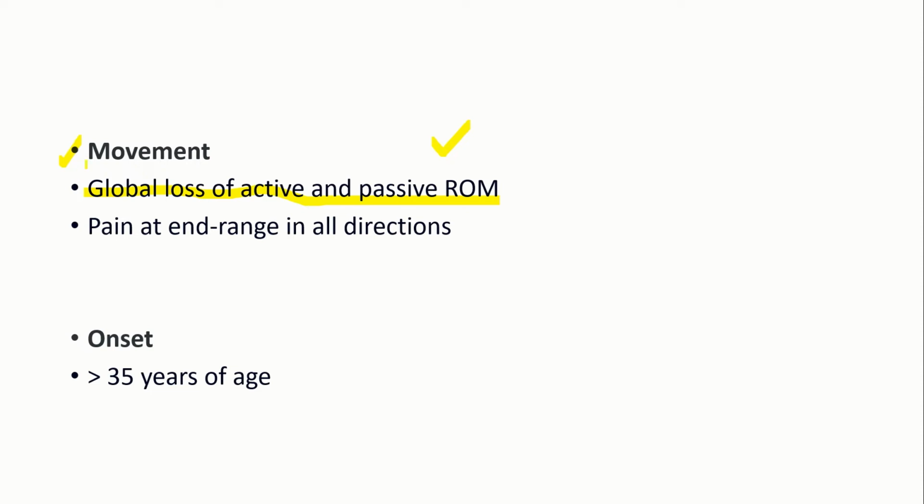So for movements, we are going to check the active range of motion of the shoulder and the passive range of motion of the shoulder, and there is going to be a global loss of both. Pain at end range in all directions: the patient will complain of pain at the end range of the range of motion at the joint.